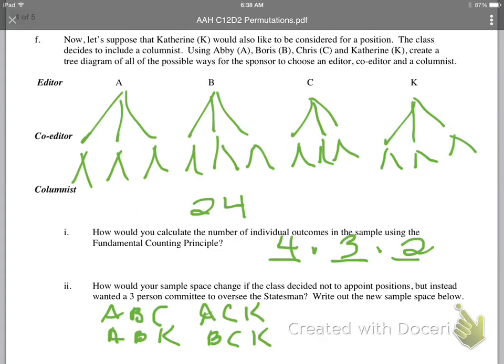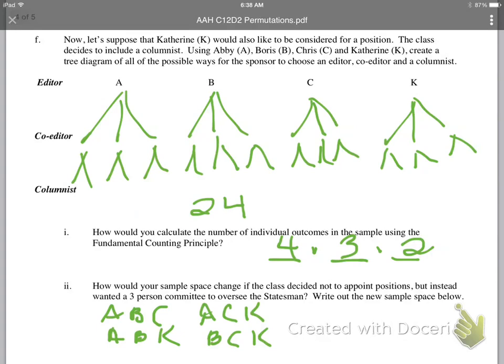Now what it says to do is figure out, I don't want to have to write out the sample space. Well, what happens is now the order in which I choose these people doesn't matter. Originally, it was different if Abby was editor, Boris was co-editor, and Chris was columnist, right? That's different than if Boris was editor, Abby was co-editor, and Chris was the columnist.